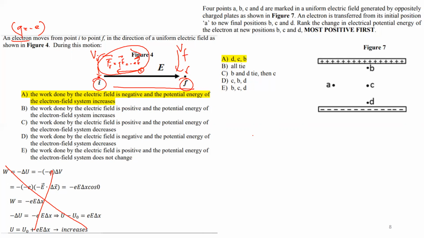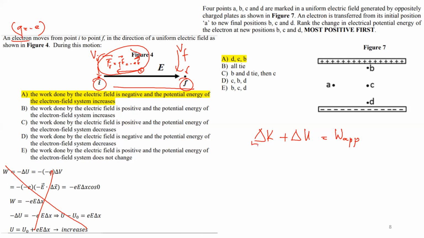Let's use the work kinetic energy theorem or conservation of mechanical energy. Delta K plus delta U is equal to work applied. Now the work applied is not zero, because if work applied was zero, the electron would accelerate leftward. But here I'm bringing it rightward, so I'm applying a work. So what do you think, delta K?